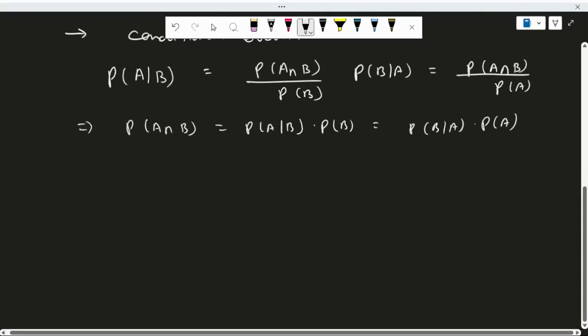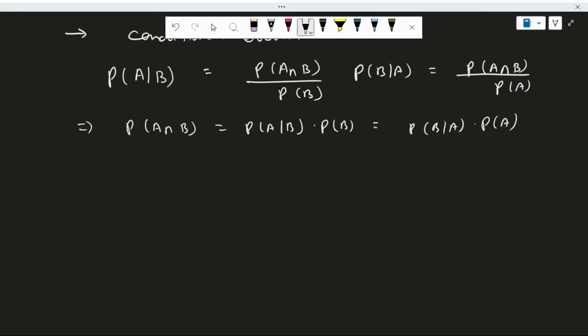So the first exercise is all about conditional event. So we will start doing questions now, and then we will study independent event, theorem of total probability, and Bayes theorem one by one.